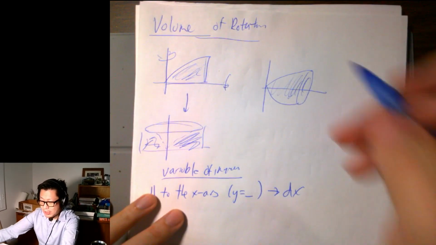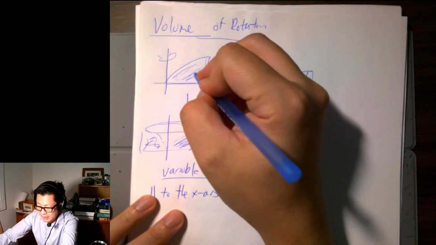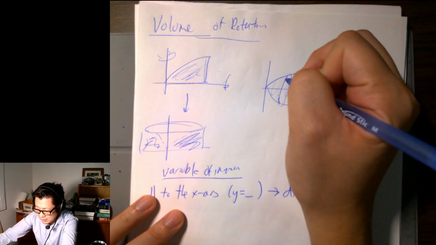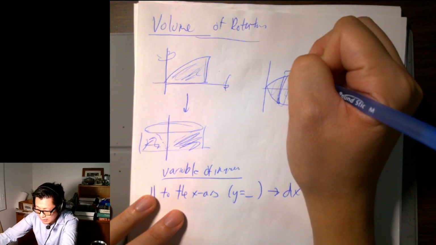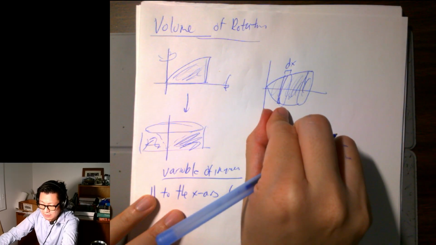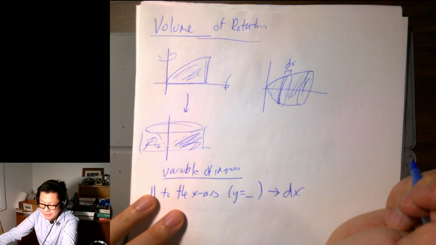Going back up to this shape, I am revolving this area around the x-axis. I'm going to end up with slices that look like this. The height of that slice, the height of that cylinder, is going to be dx.